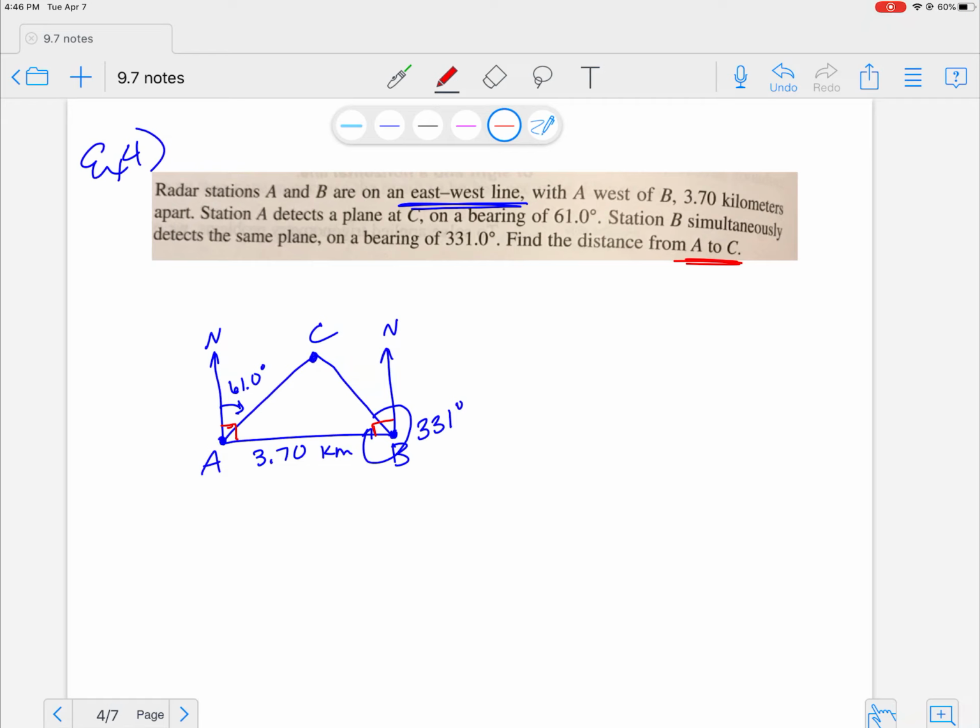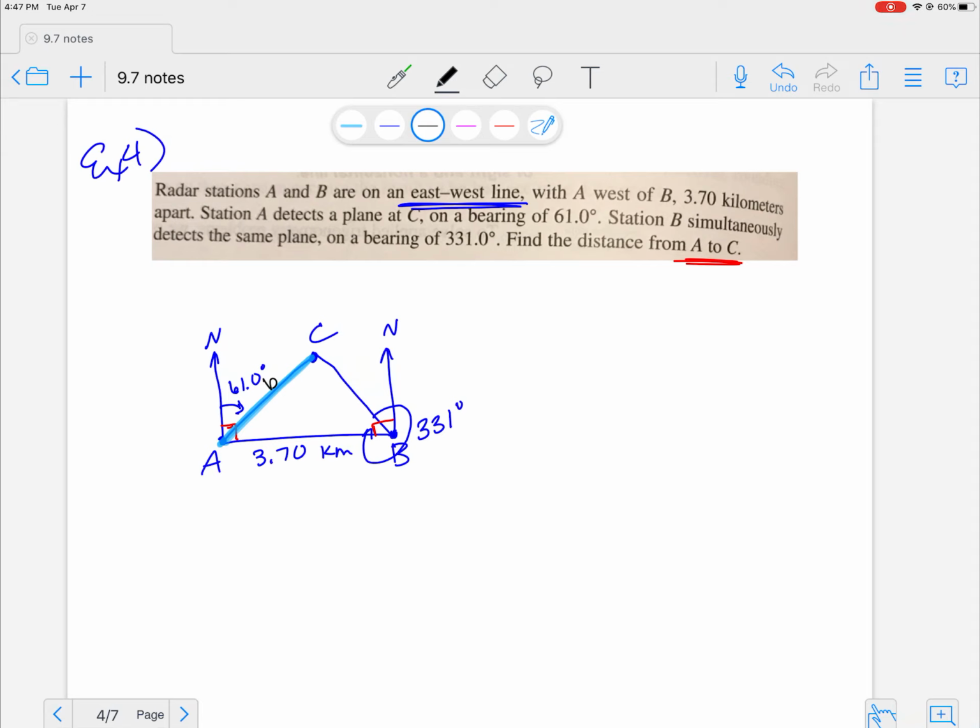The other kicker to this is A to north. I know this is always a 90-degree angle. So what I'm being charged with is finding the distance from A to C.